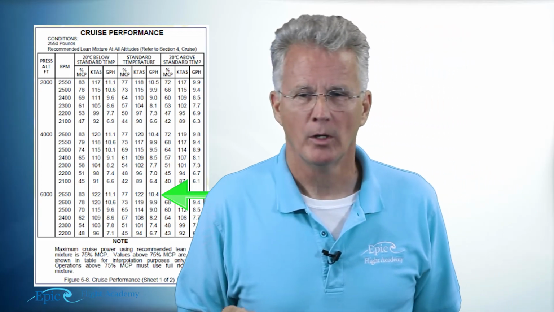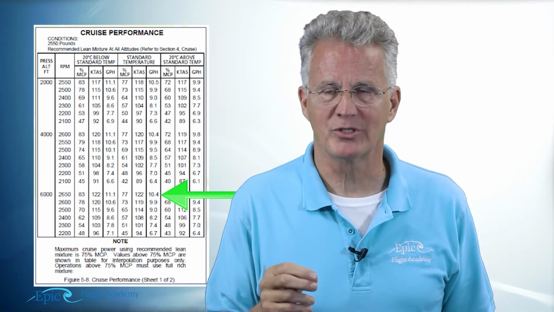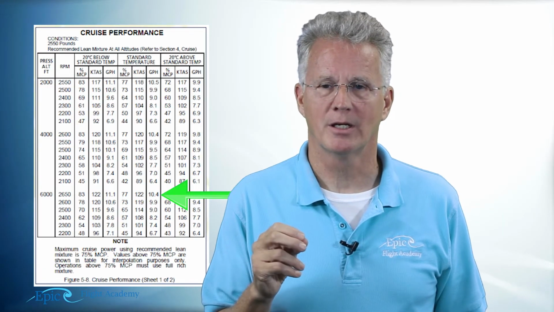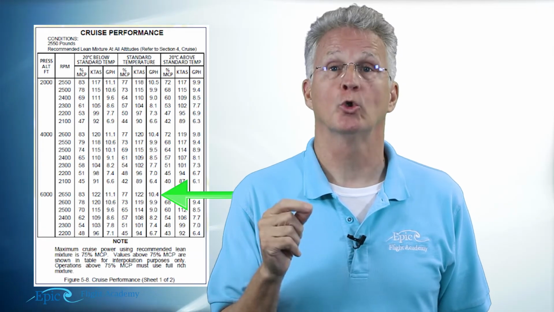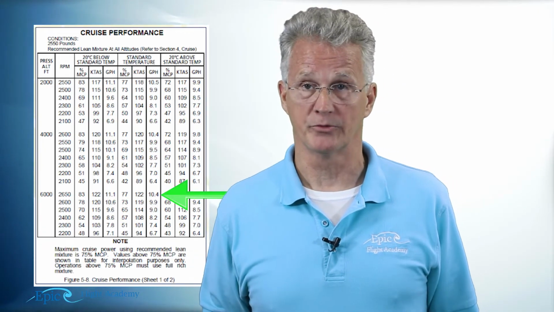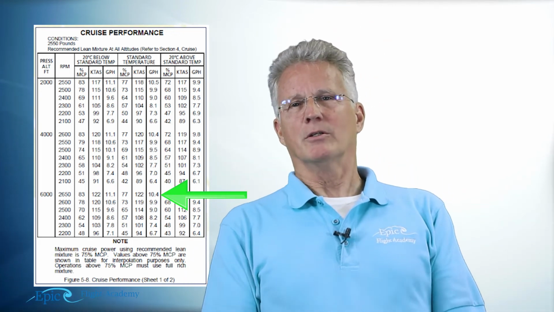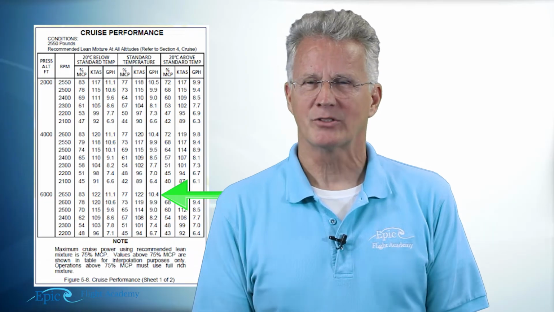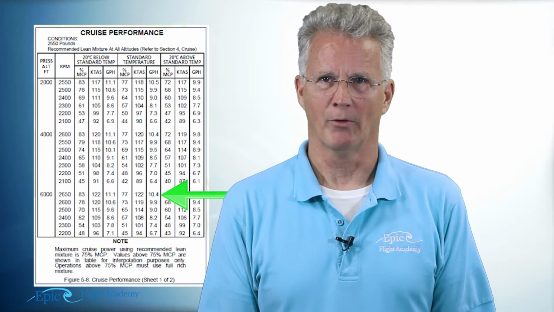Now what are those? Percent MCP is percent maximum continuous power. KTAS is knots true airspeed, and GPH, of course, is gallons per hour. Now, can I run this thing continuously on a cross country at 77% maximum continuous power?